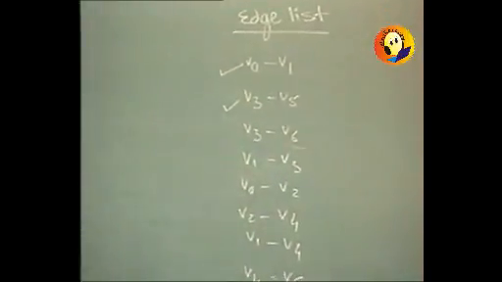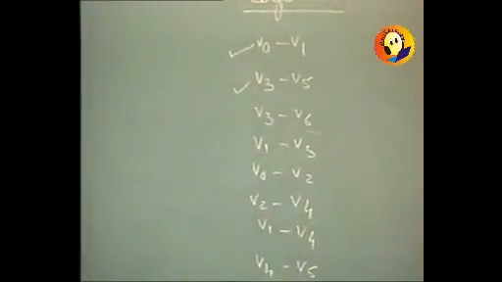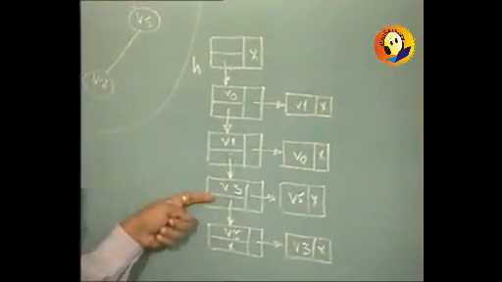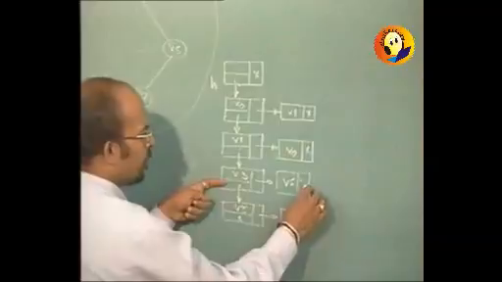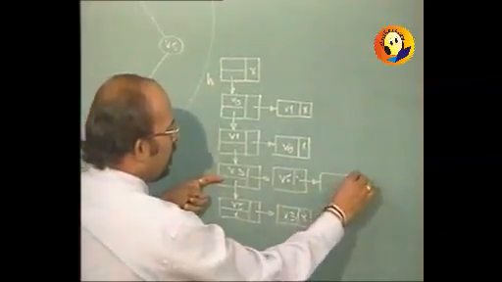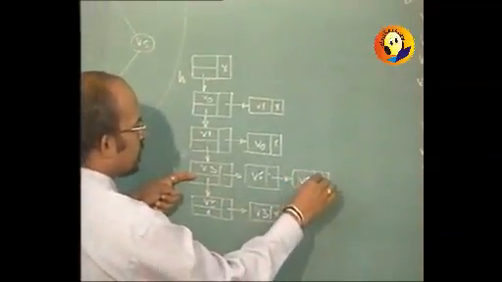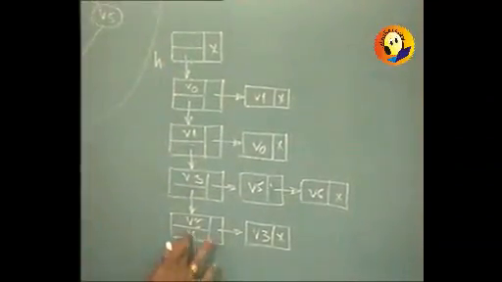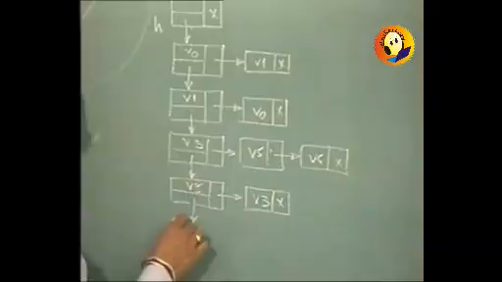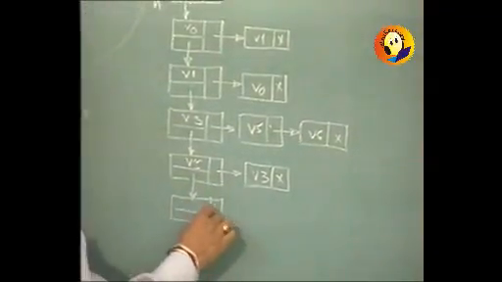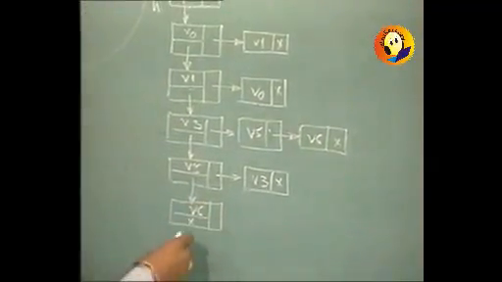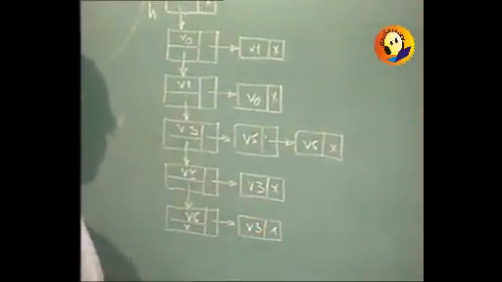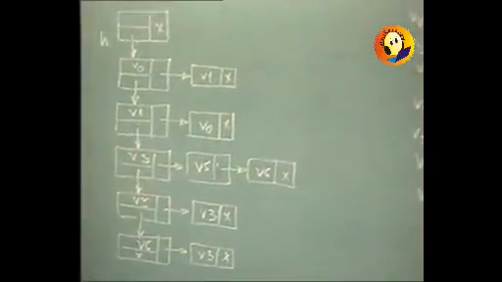Next edge is V3, V6. Now you are required to search for V3 in the down list. We find V3. Append its next list by V6. And search for V6 in the down list, it is not there. So append down list by vertex V6 and its next by V3. So the third edge is over.